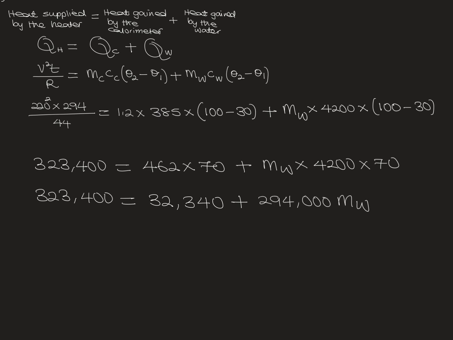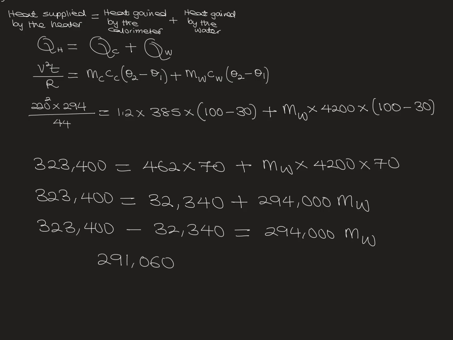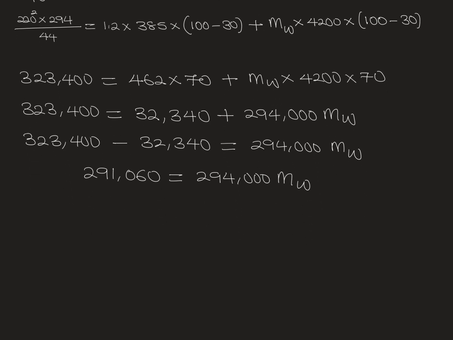If we collect like terms, we will have 323,400 minus 32,340 equals 294,000 MW. 323,400 minus 32,340 is 291,060. This is equal to 294,000 MW. To find the mass of the water, we will divide both sides by 294,000.